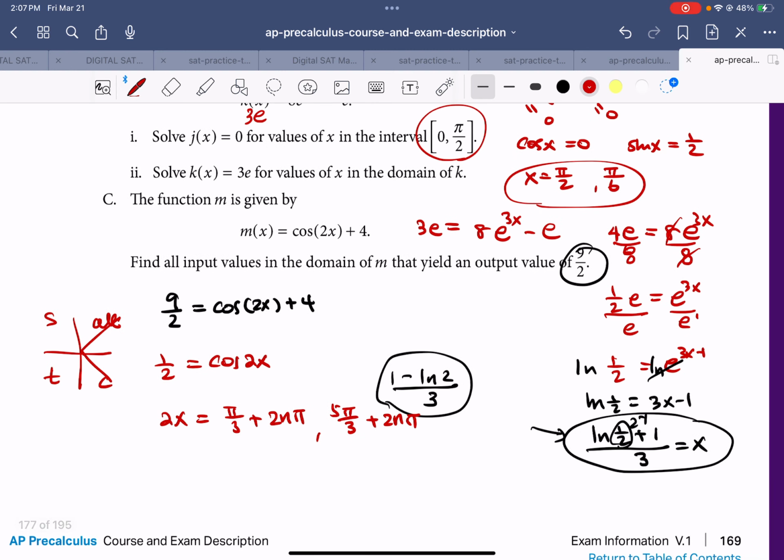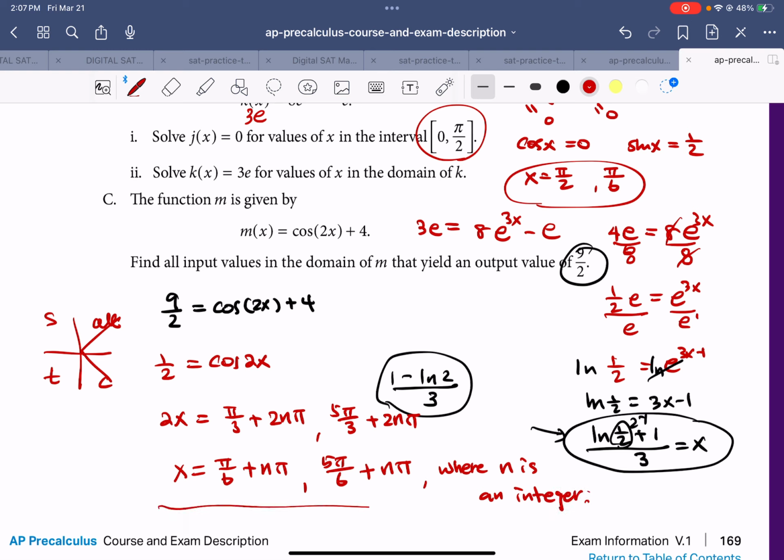So when you divide by 2, pi over 6 plus n pi, or 5 pi over 6 plus n pi, right? Okay, and then write down where n is an integer. So that's your general solution. Okay, all right, that's it.